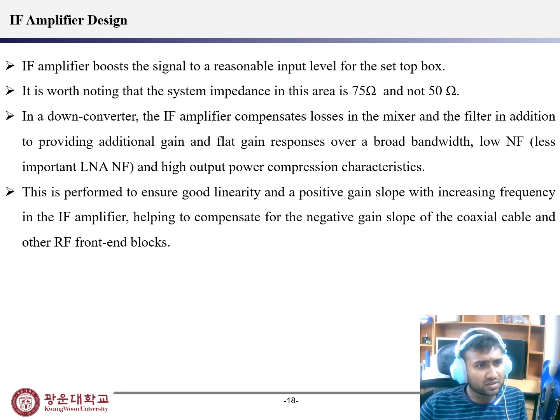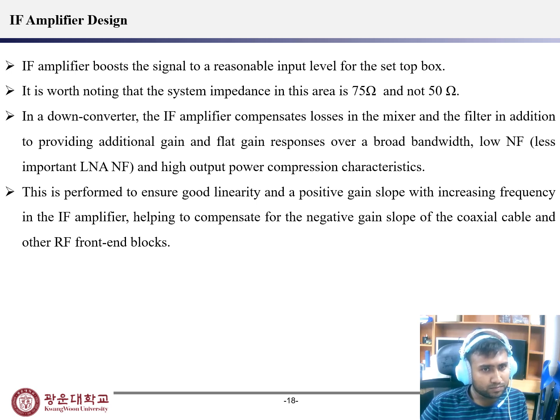IF amplifier design. The IF amplifier boosts the signal to a reasonable input level for the set top box. It is worth noting that the system impedance in this area is 75 ohm and not 50 ohm.